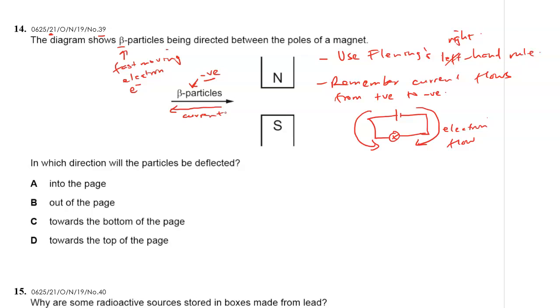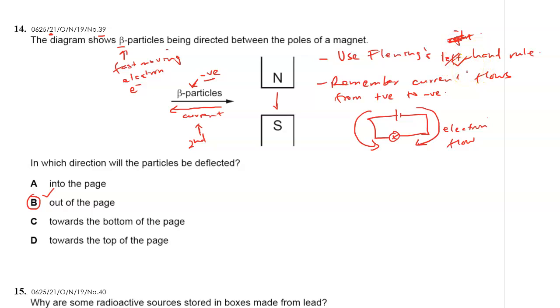And when you do that, then your thumb will be pointing out of page. Current is second finger. Your second finger will point in the direction of current. Then I think this is left-hand rule. I'm mixing these two. This is left-hand rule. Okay.